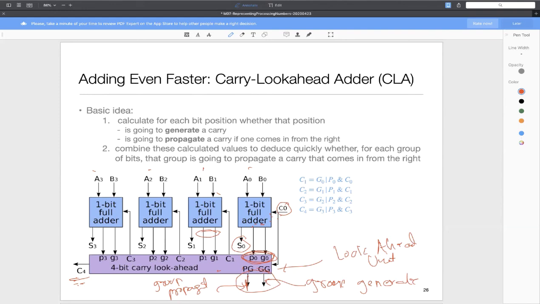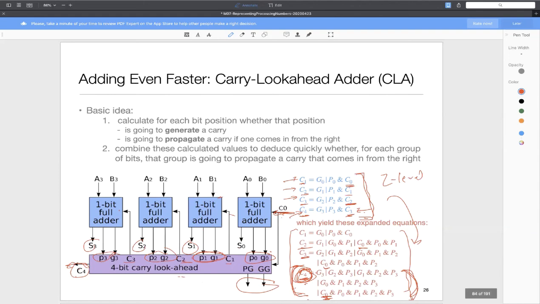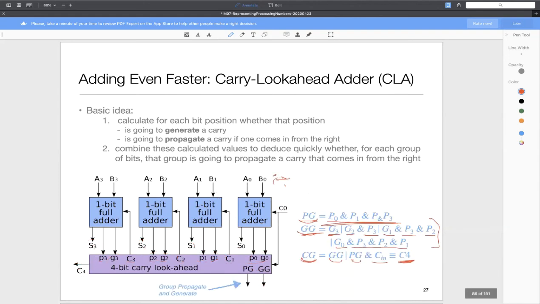They only depend on A and B. So in 1 gate delay or whatever, the propagate and generate become ready out of each one of the full adders. And the moment those are presented to the purple box, the purple box can calculate the group level propagate and generate again very quickly, using the equations that we have out here.